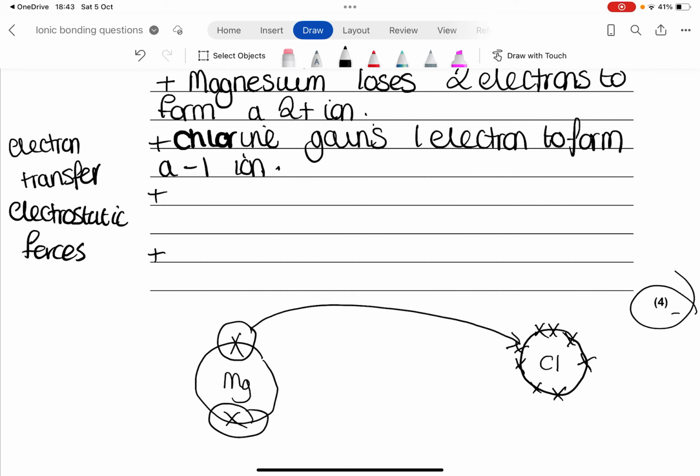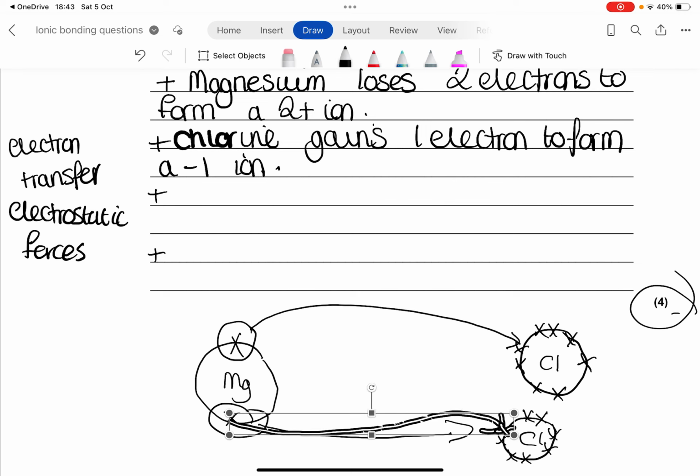But this one will have to go to another chlorine atom. So I need to address that in this question. This one is going to go onto this outer shell to make 8. So I need to address the fact that I've used 1 magnesium atom, but it reacts with 2 chlorine atoms.